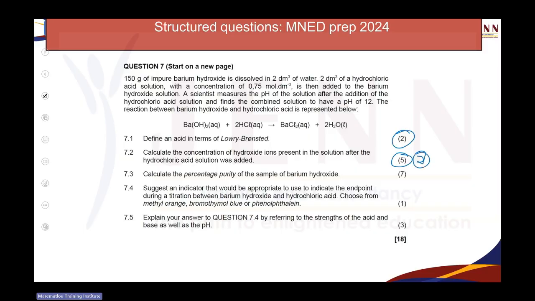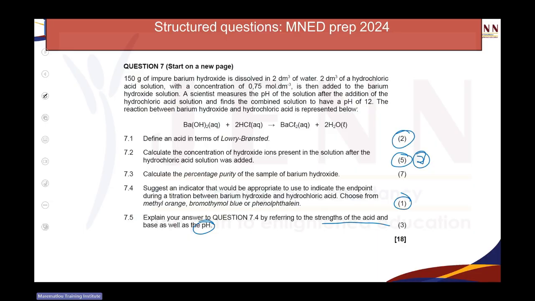And then they are asking to suggest an indicator, for 1 mark. And then they want us to calculate the answer. They want us to refer to the strength of an acid and the base to predict the pH, as well as the pH to explain why we are using this indicator.